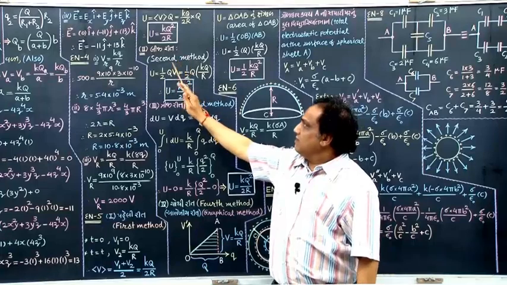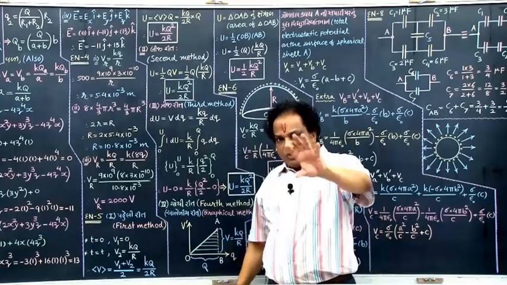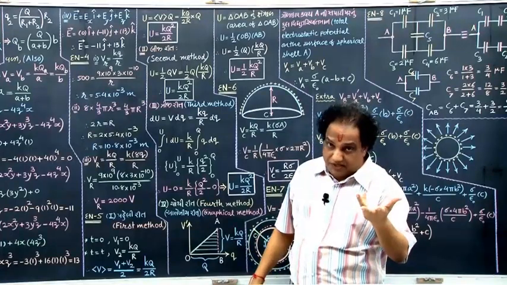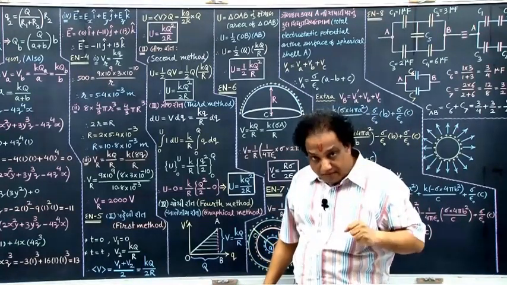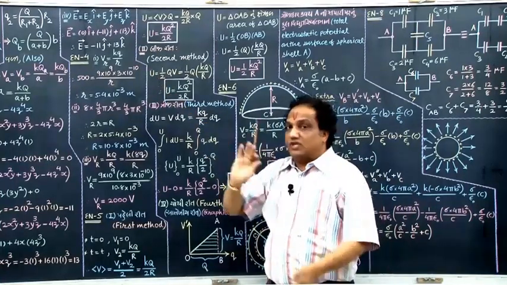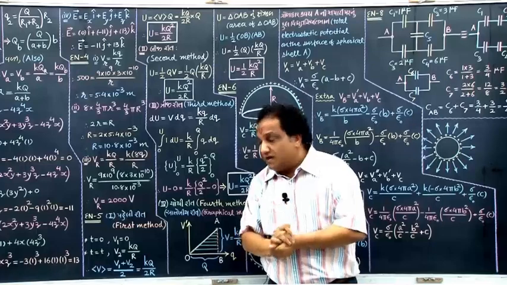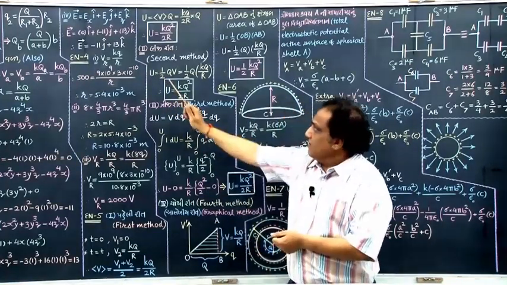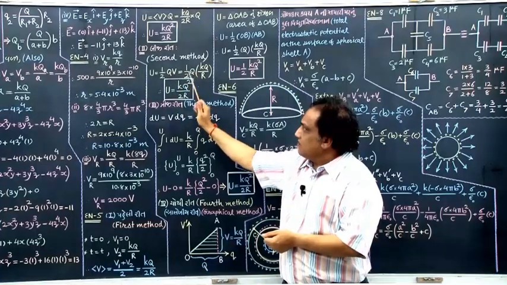Now let us go for the second method. You know, a charged sphere can be taken as a capacitor. And in the case of a capacitor, don't you know, electrostatic potential energy is given by the formula 1 by 2 QV. Now 1 by 2 as it is, Q as it is. What about V?